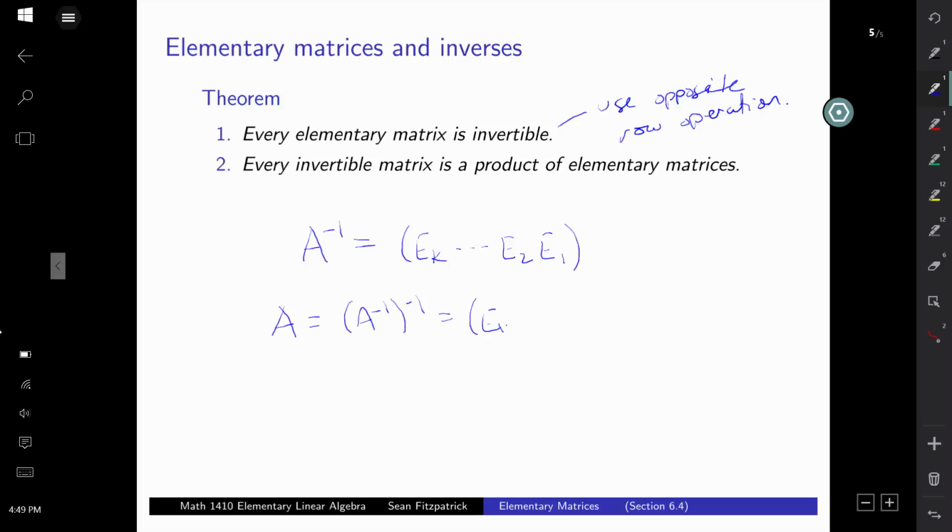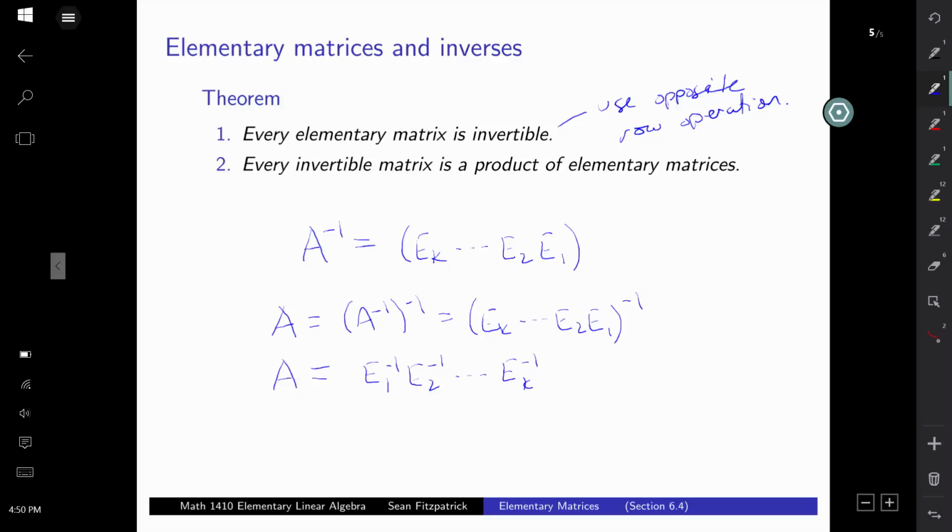We want to invert that guy. Well, we saw in the previous slide how to invert a product: the inverse of a product is the product of the inverses, but you have to reverse the order. E1 inverse, E2 inverse, down to EK inverse, right? So if A is invertible, then we can write it as a product of elementary matrices.